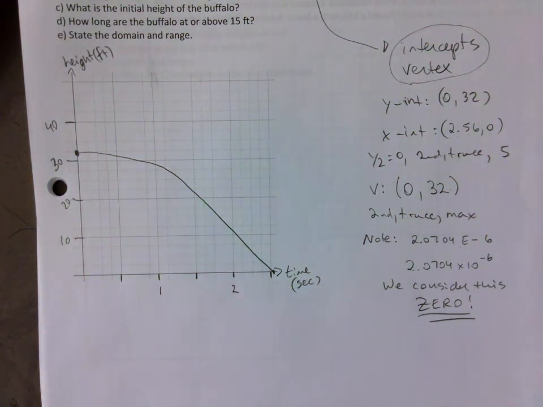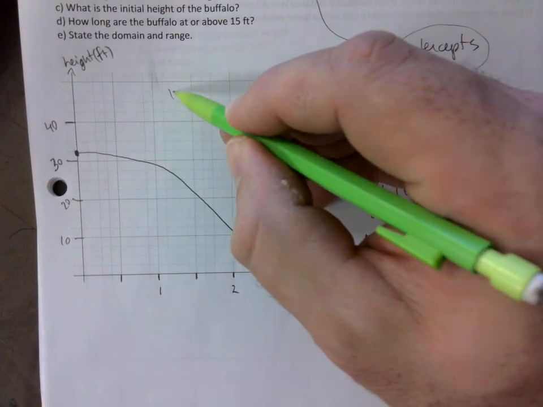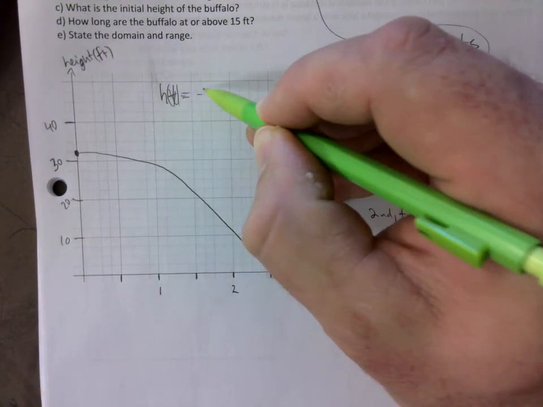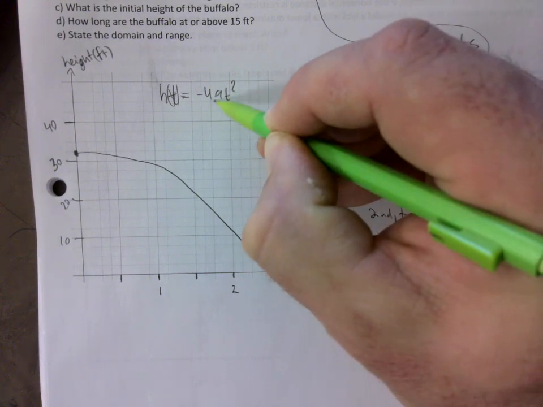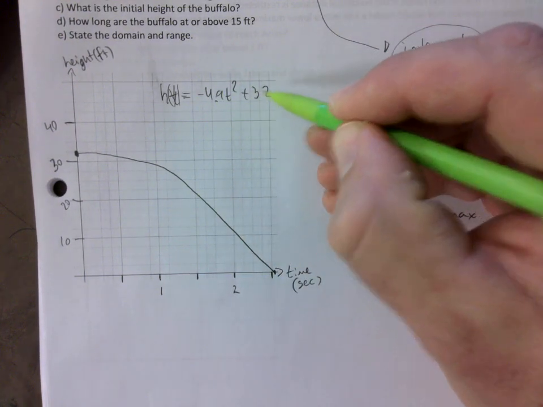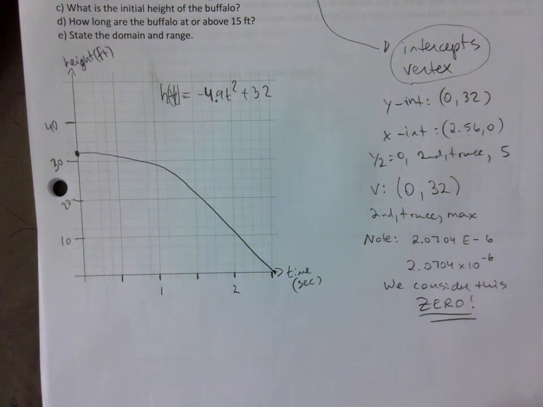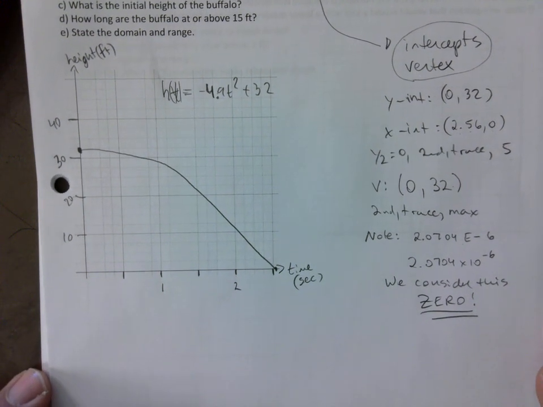Not too proud of that one, but hey, it's okay. So then h of t, right? Just put the equation in. Plus 32. And there you have it.